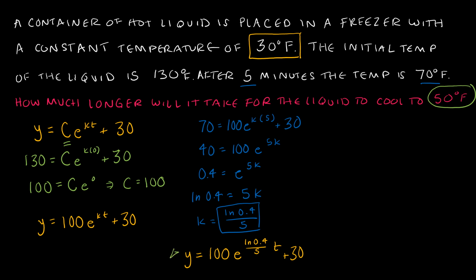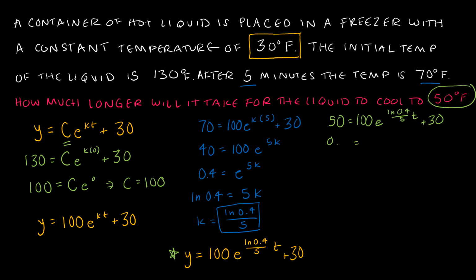So I'm going to take this model that we've just come up with, and I'm going to replace y with 50 and solve for t. So I have 50 equals 100e to the (natural log of 0.4 divided by 5)t plus 30. If I divide each side by 100, I'm going to end up with 0.5 over here.